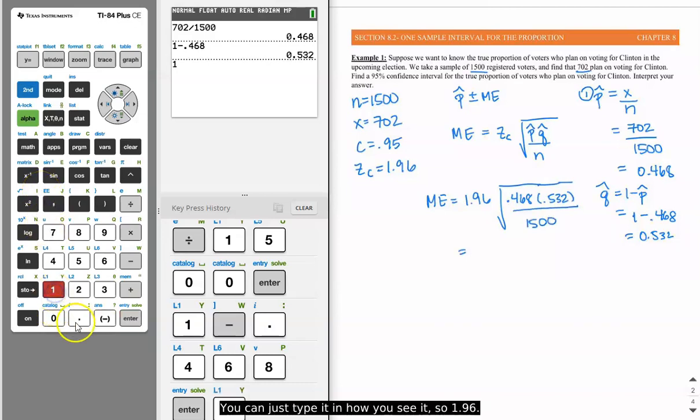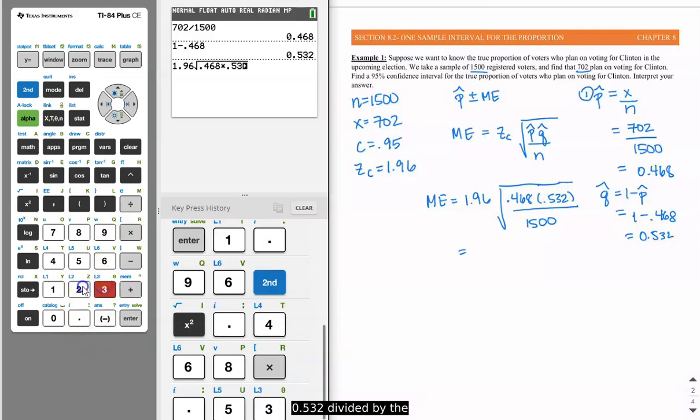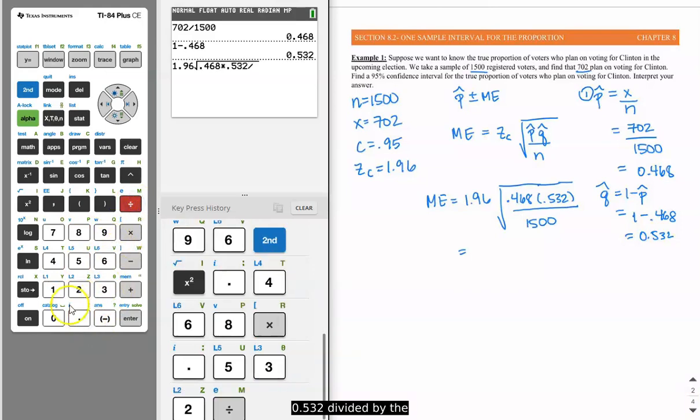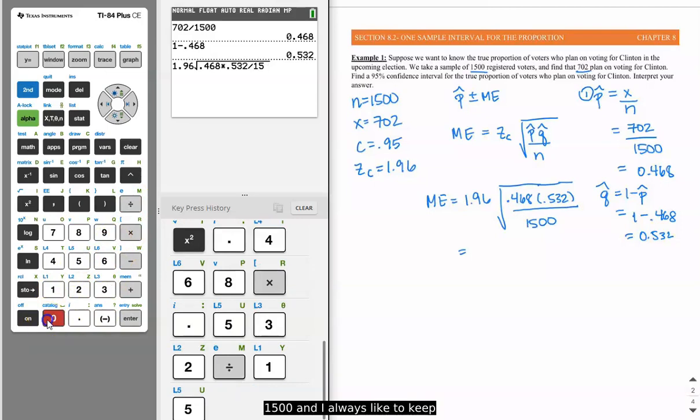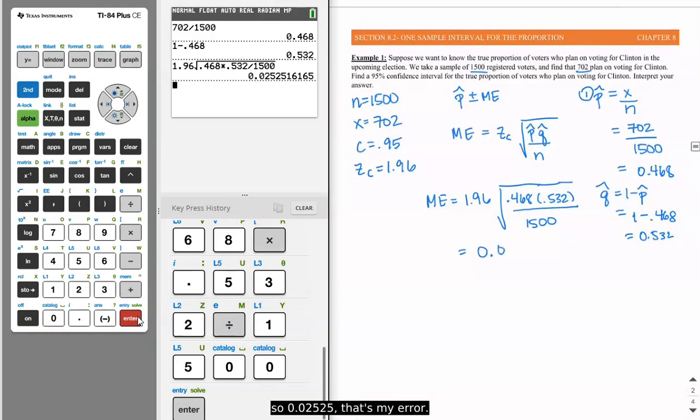You can just type it in how you see it. So 1.96, I'll hit my square root button, and we have 0.468 times 0.532 divided by the 1500. And I always like to keep an extra couple of decimal places when we're dealing with error and then round at the end. So 0.025, I might say 25.